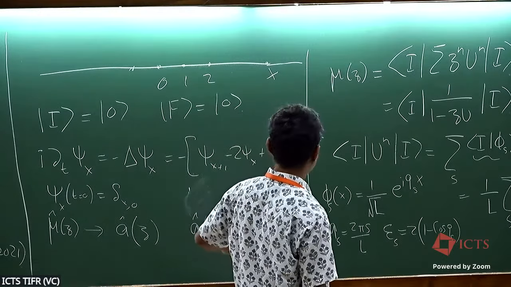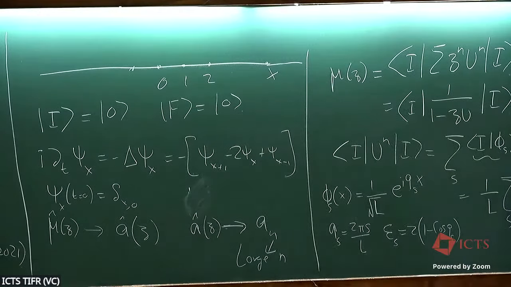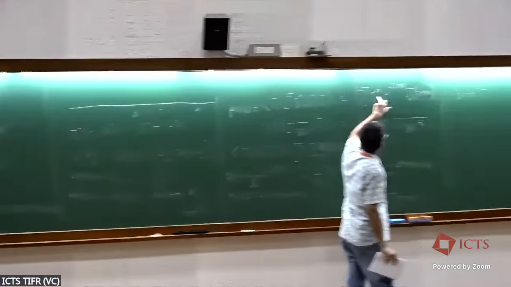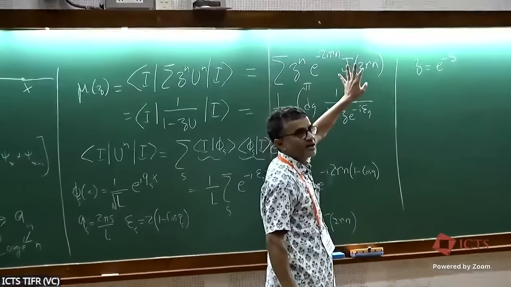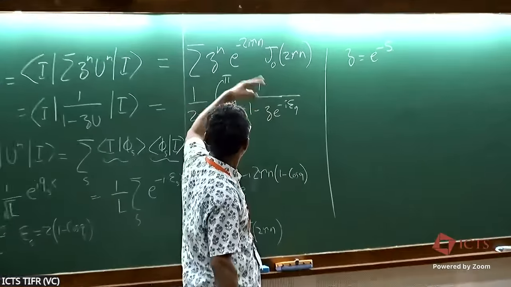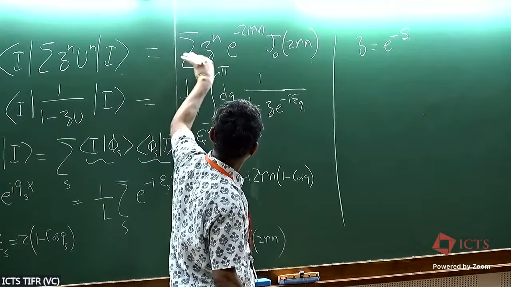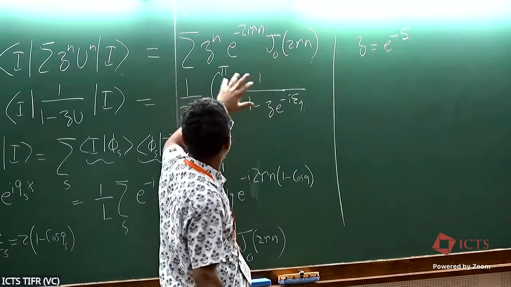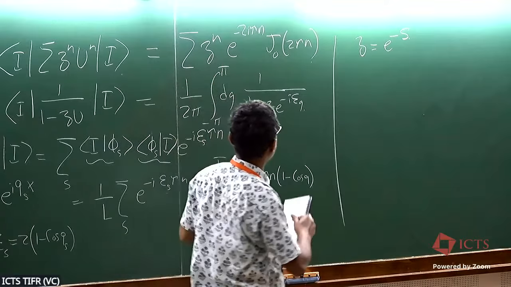So then we said when we discussed the classical case that basically what we can do is replace z by e to the power minus s, and then look at this at small s. So small s means large n, right? So when you put small s, this summation is determined by the large n terms, right? So then we can replace this by an integral.